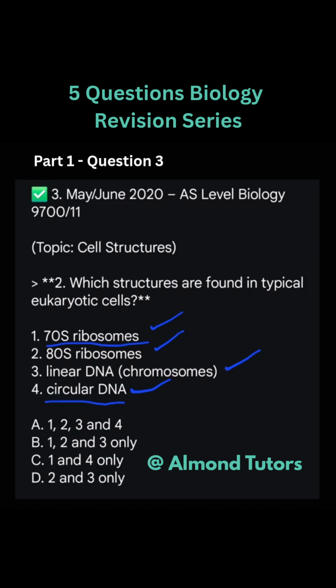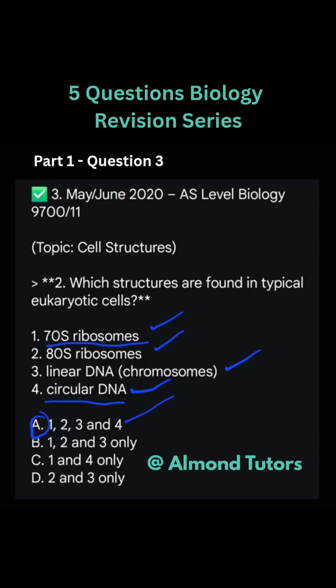When I look at the options given here, the one that gives me all of them is A. So that is my answer. Just to remind you, the strategy is: remember, prokaryotic cells have 70S ribosomes and circular DNA.